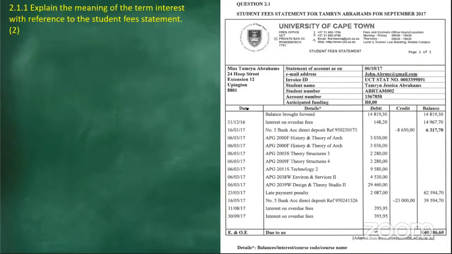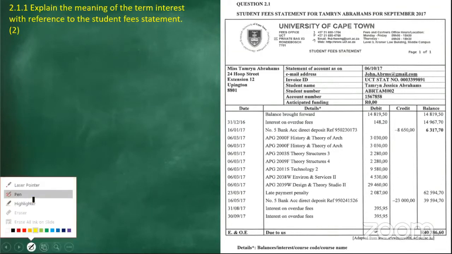Question 2.1.1. Explain, please type in your answer in the chat box there. Explain the meaning of the term interest with reference to the student fees statement. With reference to this particular statement we are dealing with, the student fees statement, what is interest?